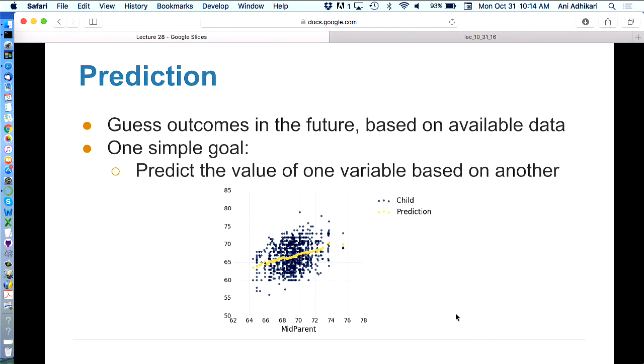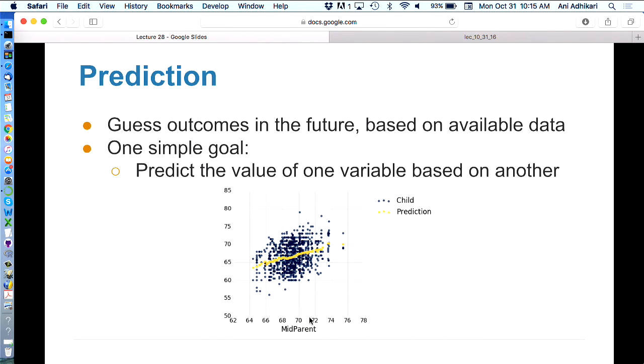And he was therefore interested in saying, if I know the heights of the parents, then how can I predict the height of the child? And so he had 900-something data points. For each point, there was an adult and their average height of their parents. So, for example, this person was themselves 60 inches tall, and their mid-parent height, the average height of their parents, was somewhere just between 71 and 72.